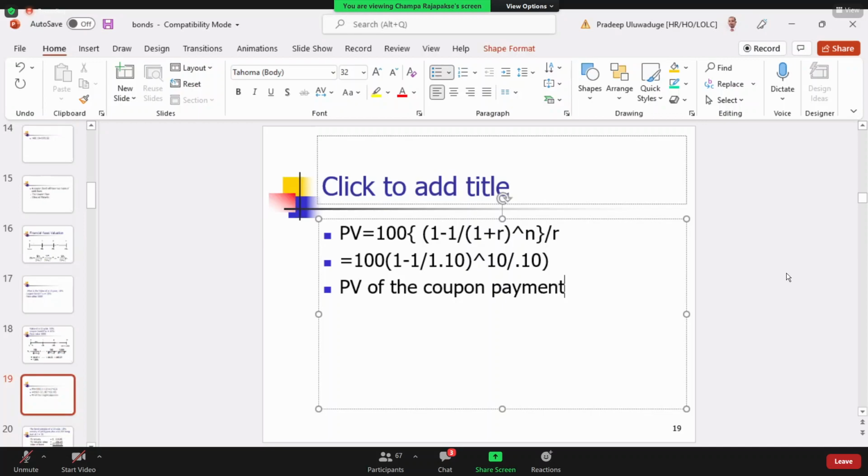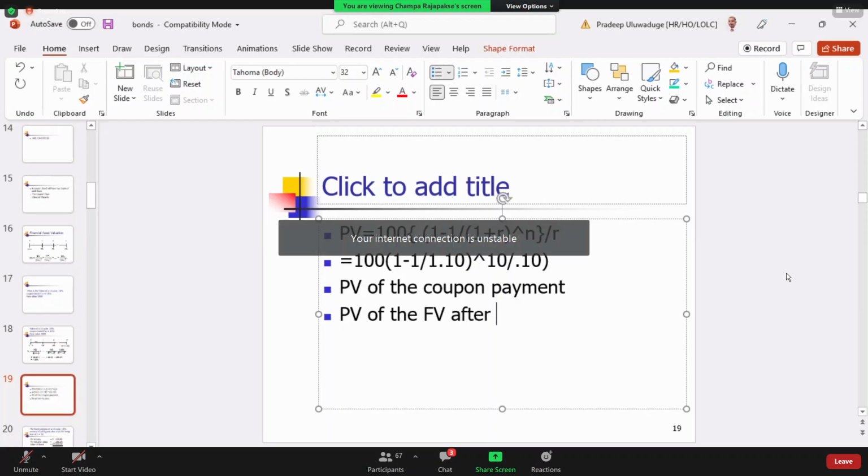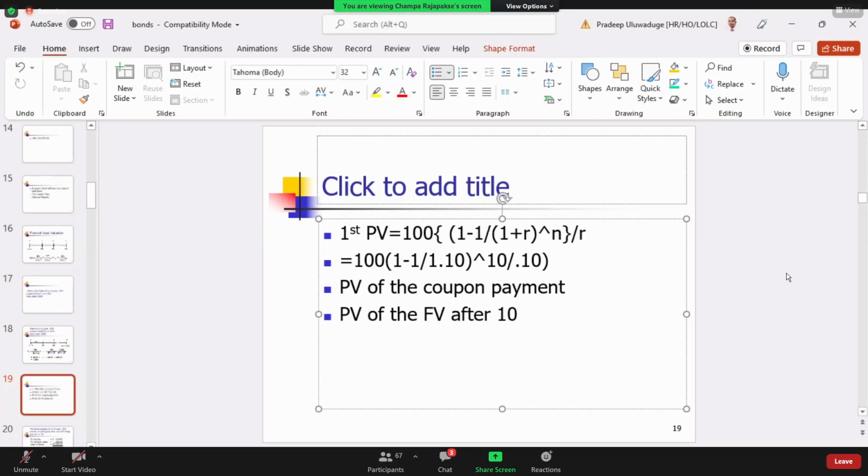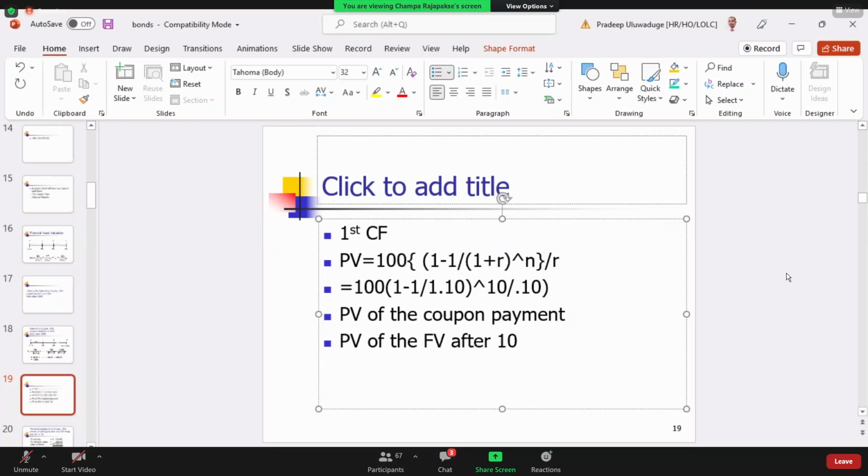You receive in 10 years, right? After 10 years. So this is the second cash flow. This is the first cash flow. And this is the second cash flow, right?